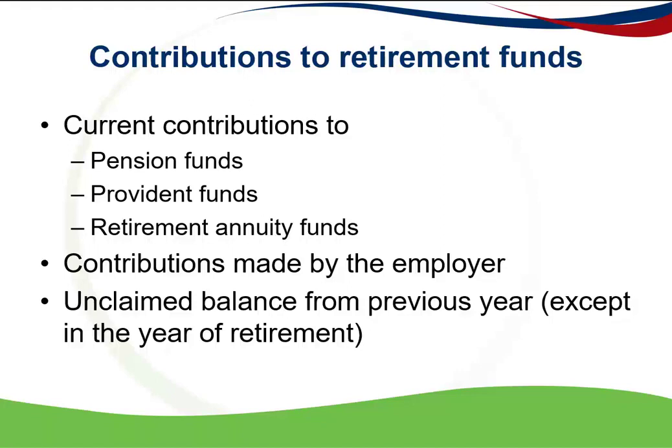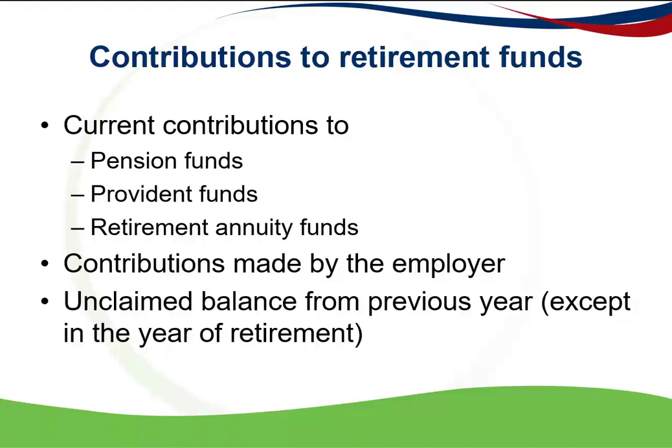And then also you can add any unclaimed balance that was on hand or was available, not deducted in the previous year of assessment. This changes in the year of retirement, and we'll look at that when we do lump sums. But for now, any unclaimed balance at the end of the last tax year will also be added to the current contributions.